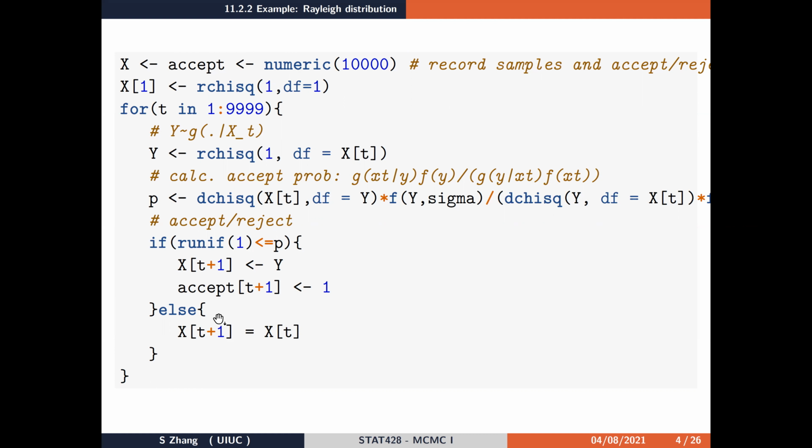Otherwise, we reject this sample and we set the next xt plus 1 to be equal to the current xt. So this will iterate for a total of 9,999 replications, and we will end up with the vector x that contains the 10,000 draws, including the initial draw, which is from the chi-square distribution with 1 degree of freedom.